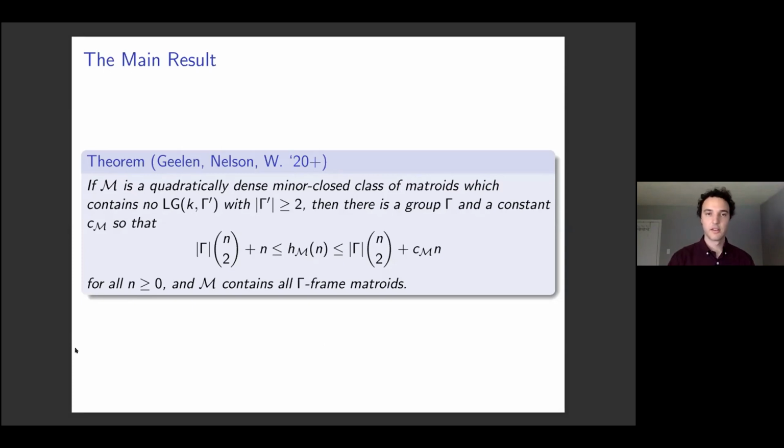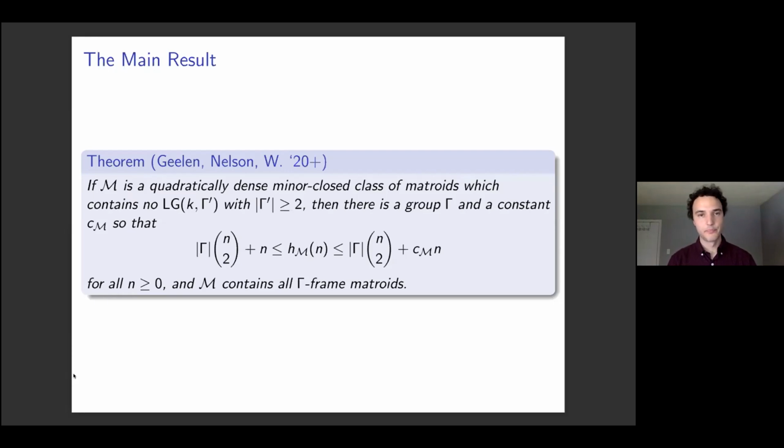And second, this is not an exact result. We have this linear error here. Okay. So for the second half of the talk, I will show you that we can actually apply this result to find the exact extremal function for some natural classes of representable and algebraic matroids.